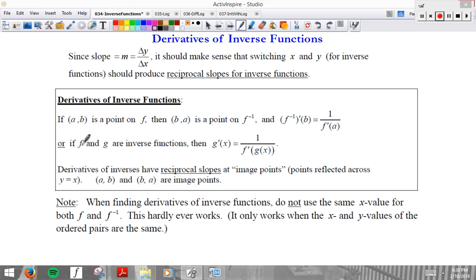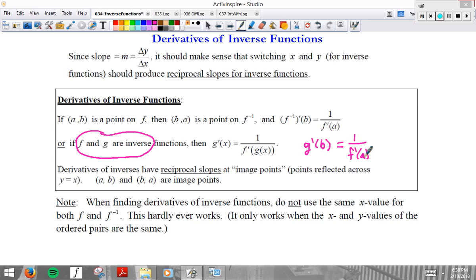Another way to say it is if f and g are inverse functions, then g prime of x equals 1 over f prime of g of x. I think this is really confusing. I think a hybrid of these two is more helpful. So using this notation, if f and g are inverse functions, we have that g prime of b equals 1 over f prime of a.